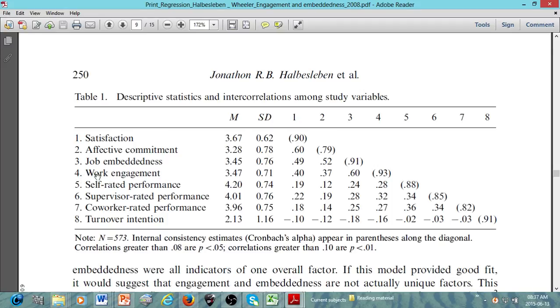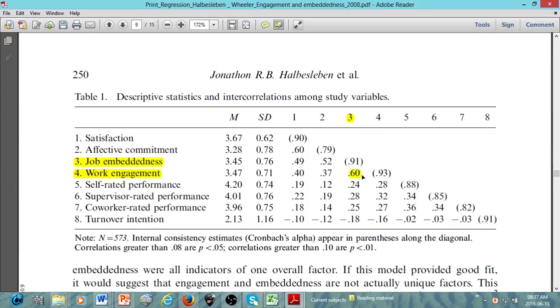Okay, so we've got work engagement. Which number refers to job embeddedness? Job embeddedness is number 3. So where's number 3? There's number 3. So now we look at work engagement. Where does it intercept number 3? Oh, there it is.